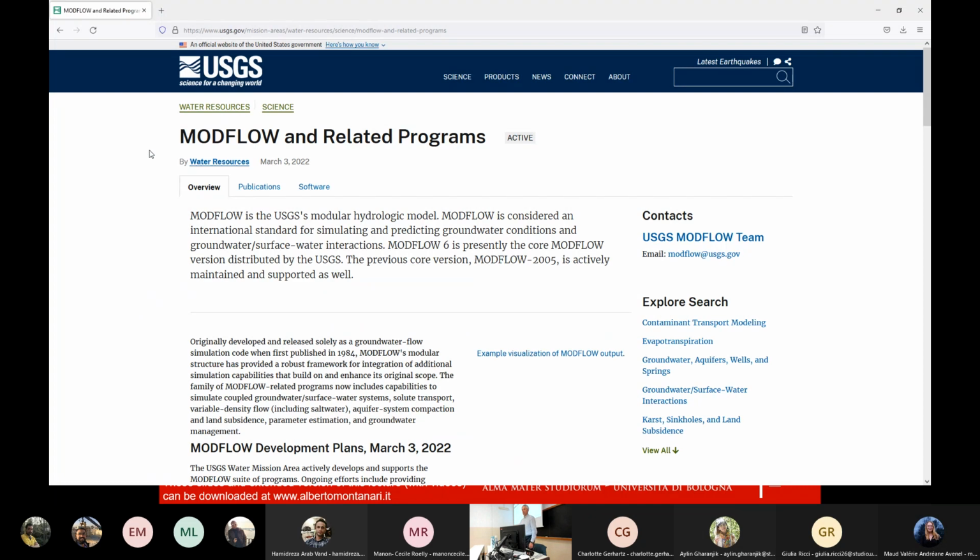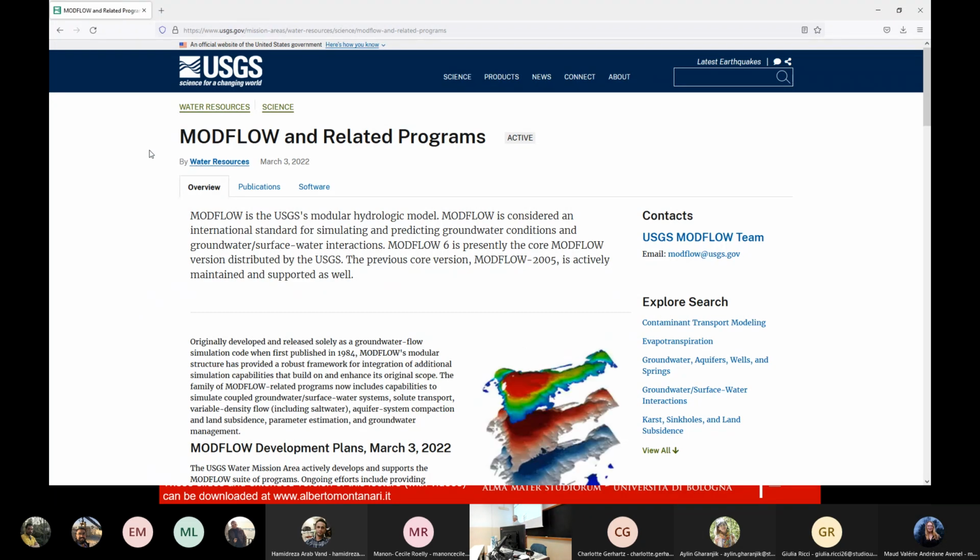This is MODFLOW. It is freely downloadable. It's tough. It's not user-friendly at all. Or rather, it has very nice interfaces, so it is user-friendly. The problem is that when it gets stuck, because it's numerical integration, so very often it gets stuck, you need to be quite expert in solving the problem.